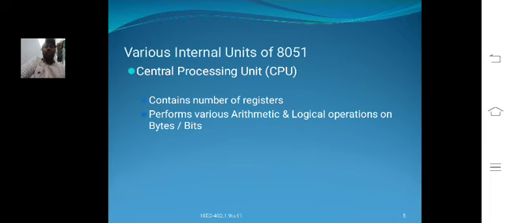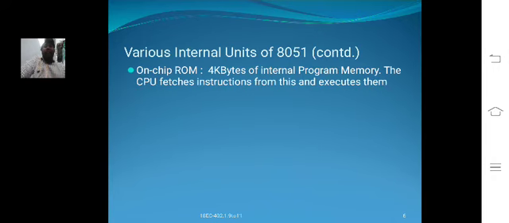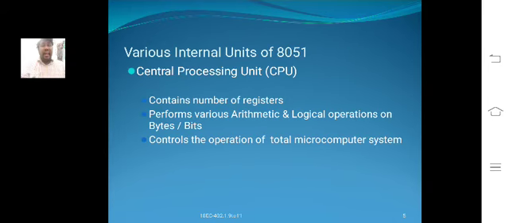The central processing unit contains a number of registers and performs various arithmetical and logical operations on bit type and byte type data, and controls the operation of the total microcomputer system.